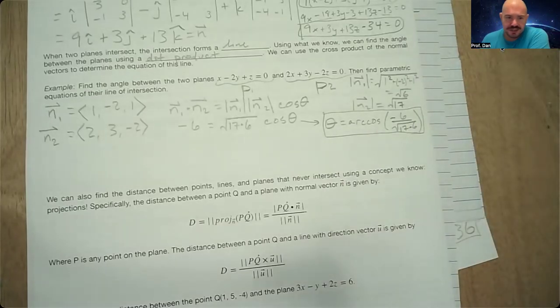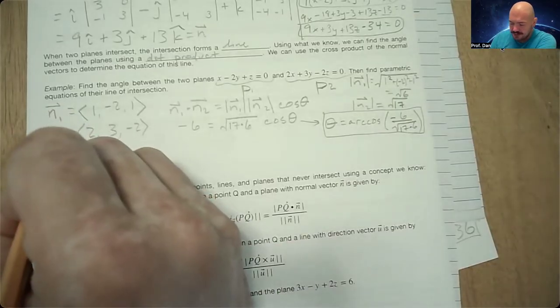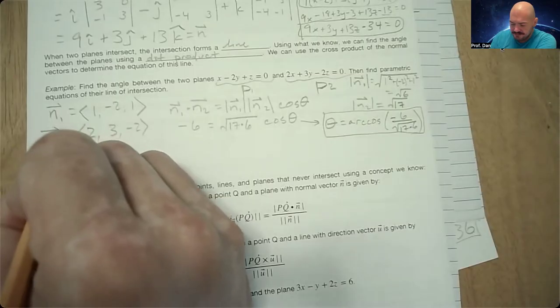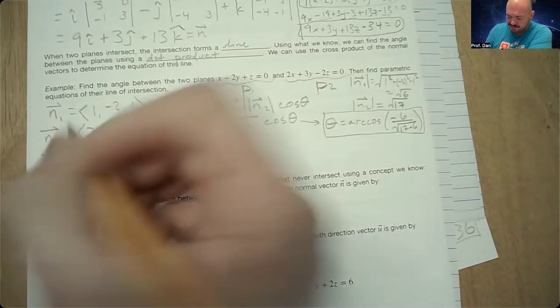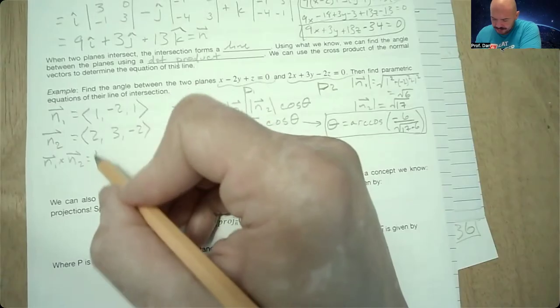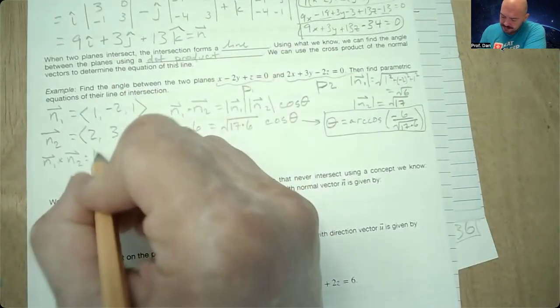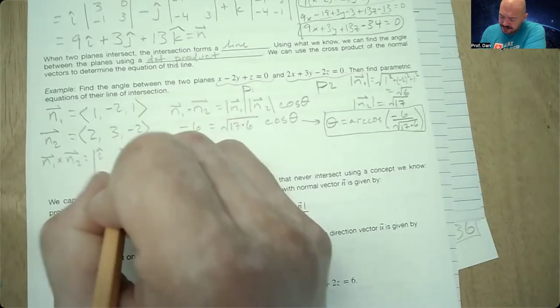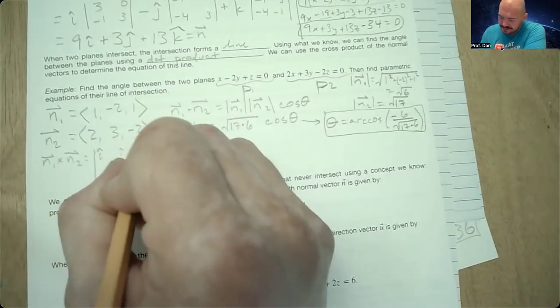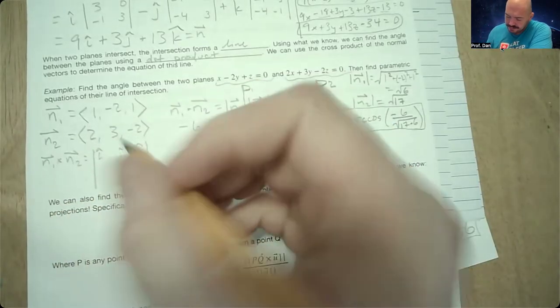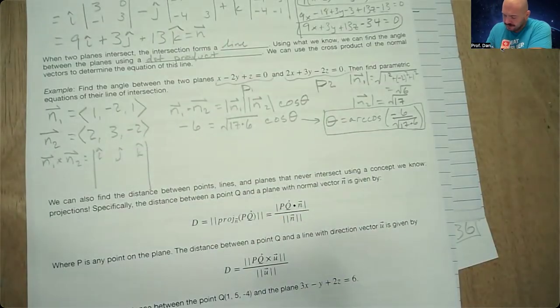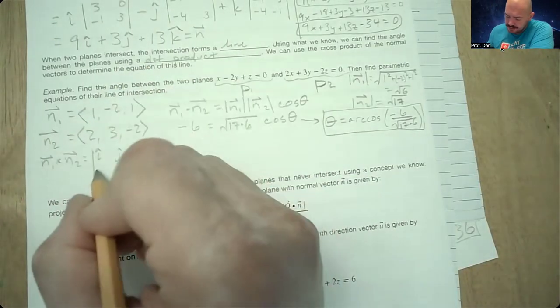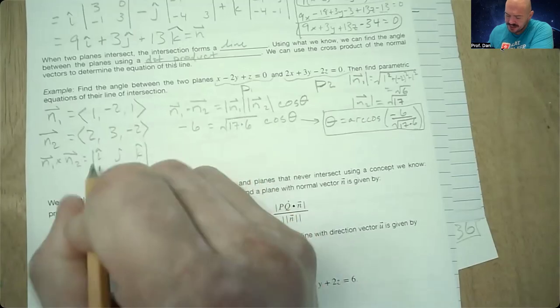Okay, now the next thing is to find the equations that describe the line of intersection. So we're going to start with our cross product, n1 cross n2. So we have i, we have j, we have k. Then we have n1 and n2.